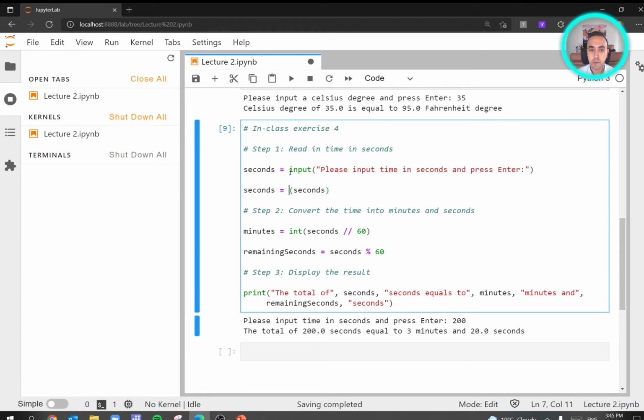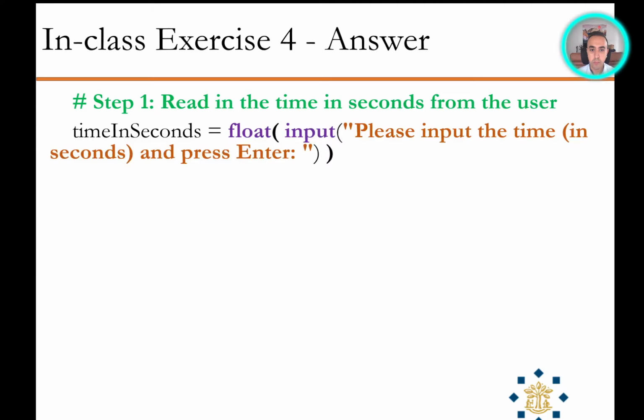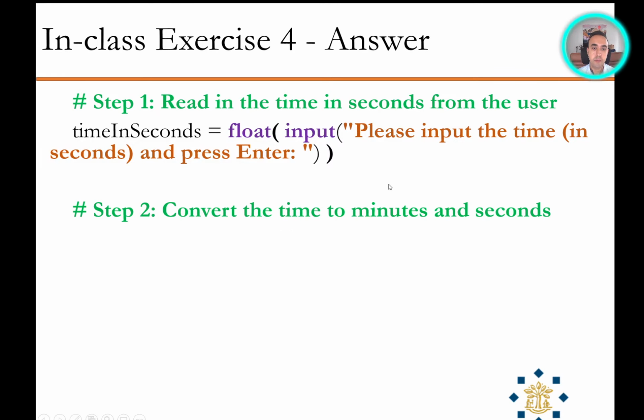But you could have just used a single line and done the job in 1 line. So either this, 1 line of float input, or after inputting, you can do it in another line. These 2 are equivalent, so this is fine, okay?